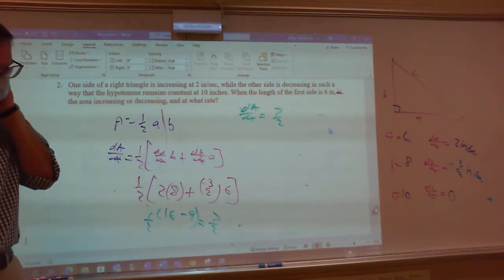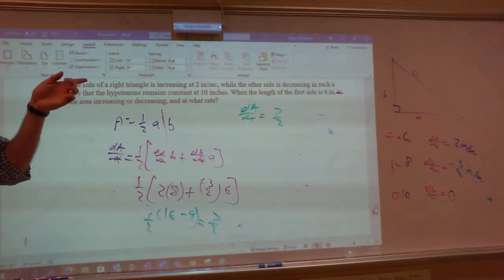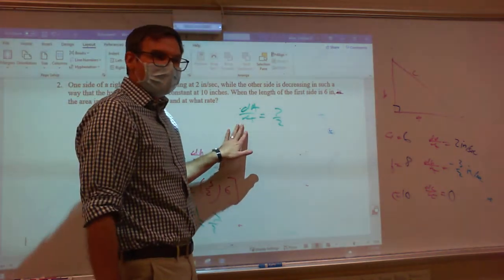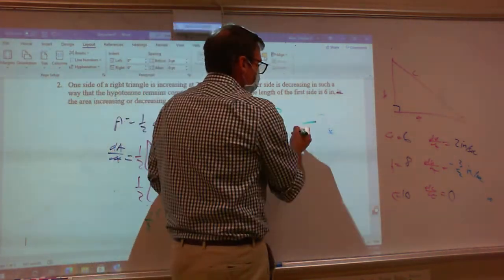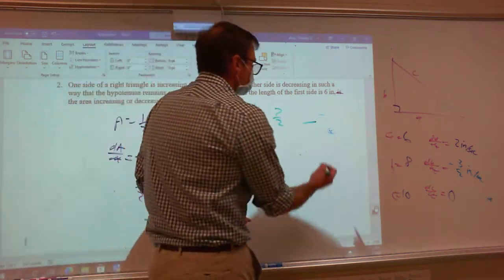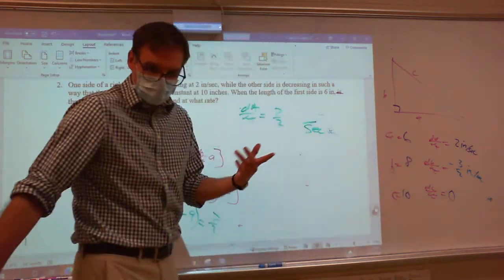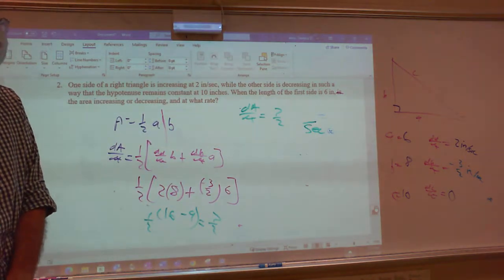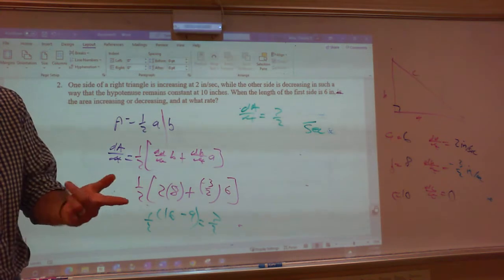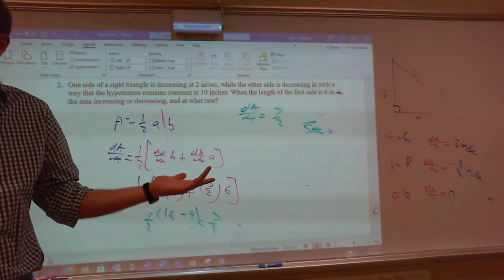Okay. I want to know the units. It's a rate, okay? And since it's a rate, we're going to divide by a unit of time. So what's the unit of time going to go in the bottom? Seconds. What unit goes on top? Square inches, because it's area, isn't it?